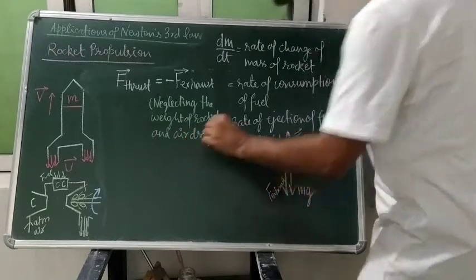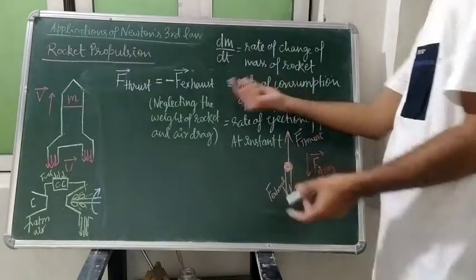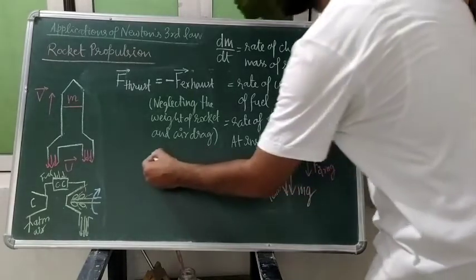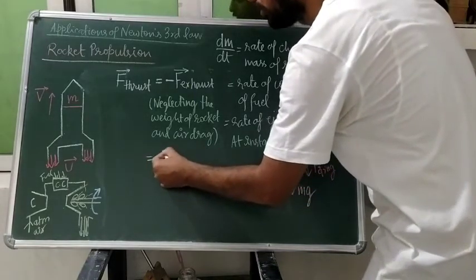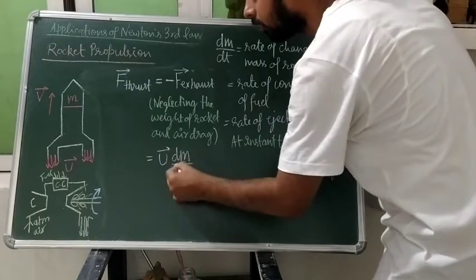There is no air drag present there. So what will this exhaust force be, students? This exhaust force will be equal to small u times dm upon dt.